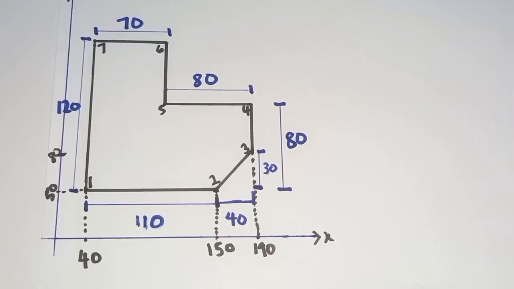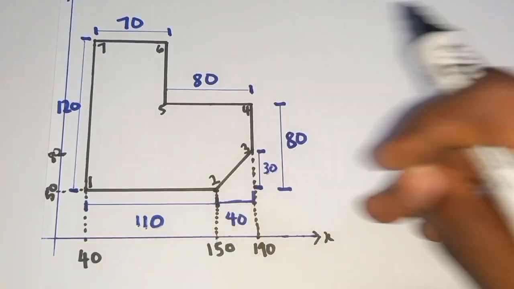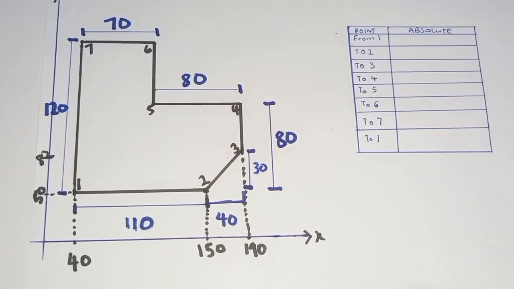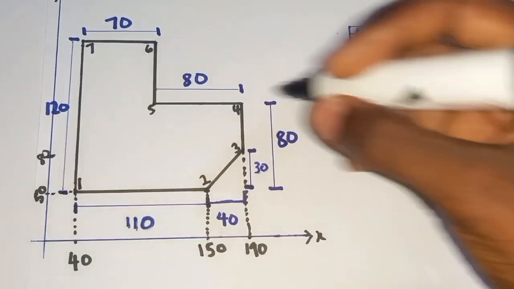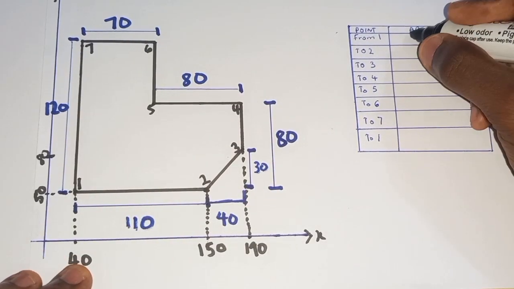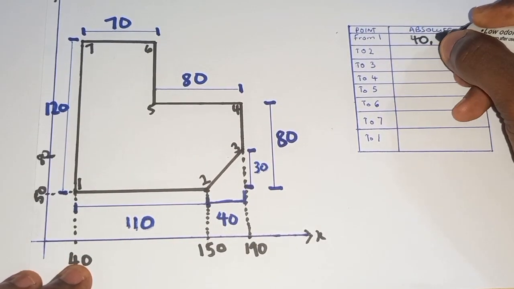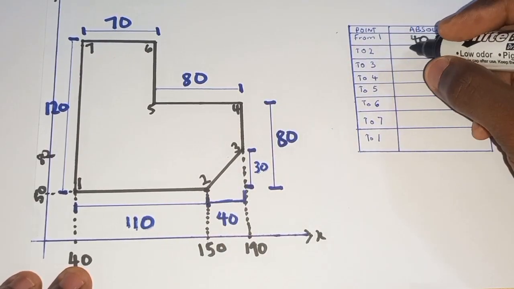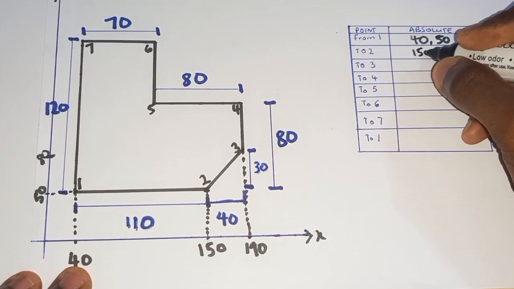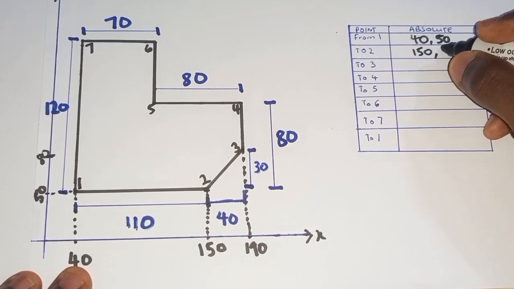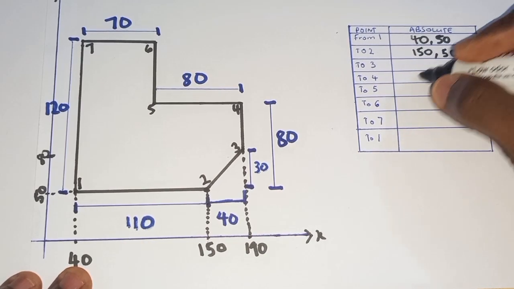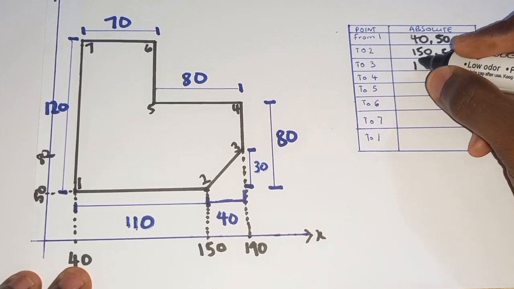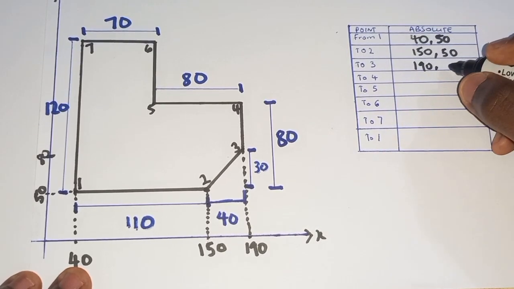Let's make a table form and let's denote these values inside. So the point at 1 is 40, 50. Point at 2, that's 150, 50. Point at 3, 190, 80.